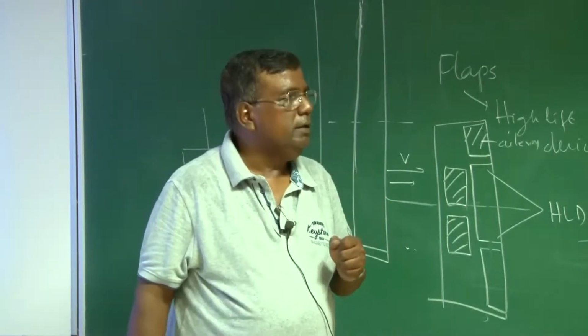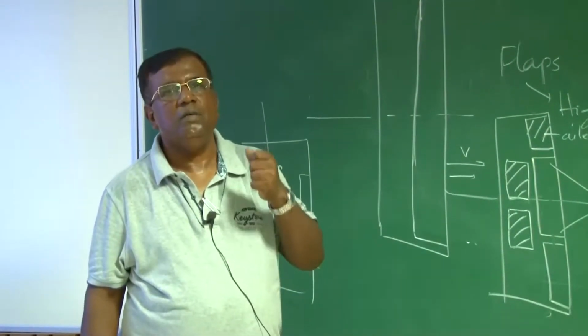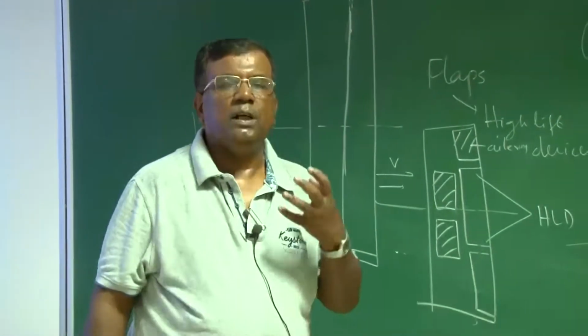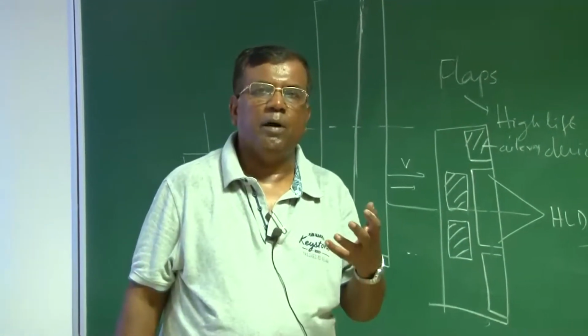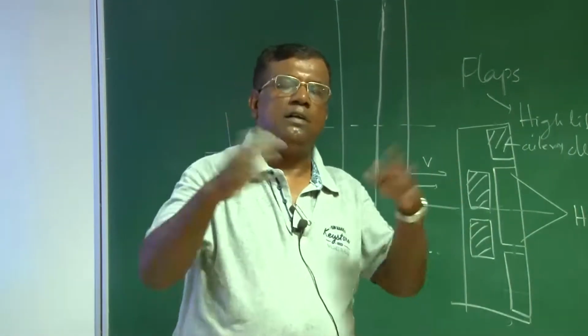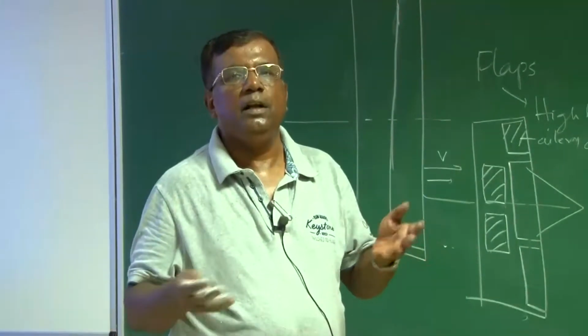What should be my elevator size so that I get the right type of elevator control power. So this part I will talk about tomorrow. I will start with an example, a numerical problem, and then come back and try to see how we can translate that understanding into the design of an elevator. Similarly, rudder as well, right?